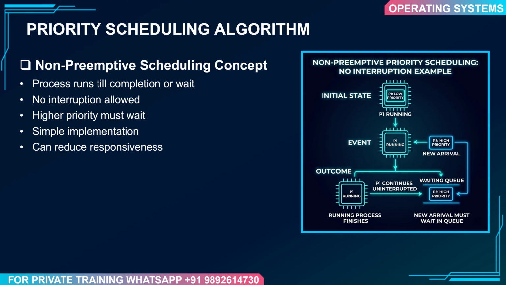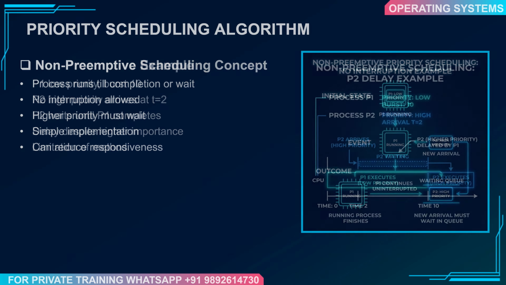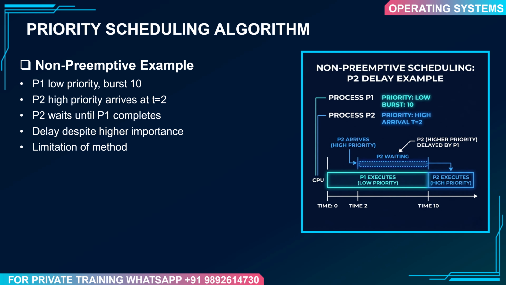For example, imagine a low priority process is running a long computation and suddenly a high priority process arrives, like a system update or an urgent user input. In a non preemptive system, the high priority process has no choice but to wait until the current process finishes. This can affect responsiveness. Let's take a simple example. Suppose P1 starts executing with a low priority and has a burst time of 10 units.